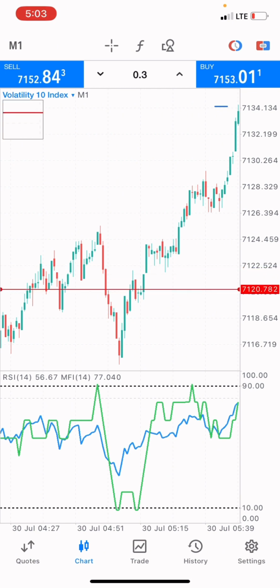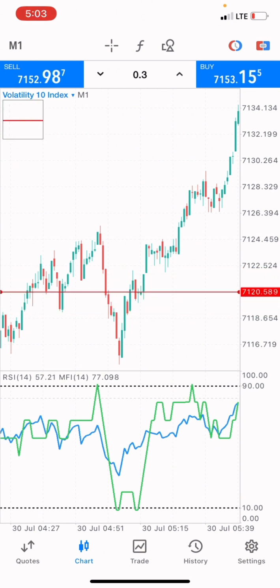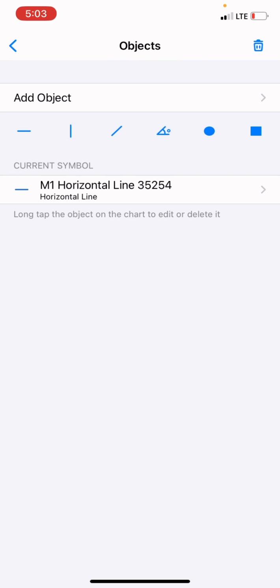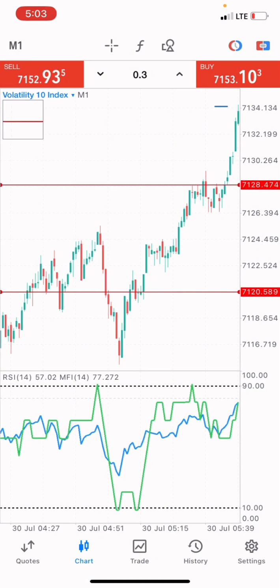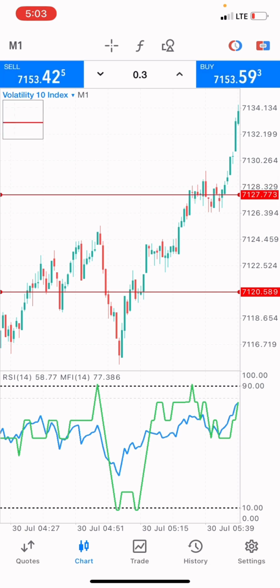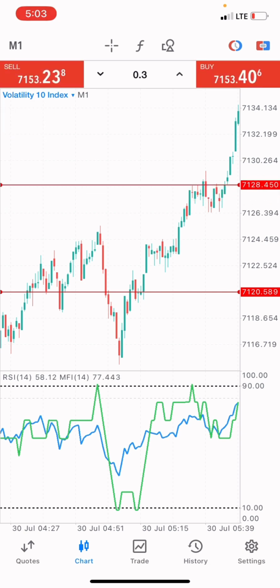You put one horizontal line here, then you go back again and take another horizontal line, and you put the other horizontal line at this point. Always give 3 in the middle.